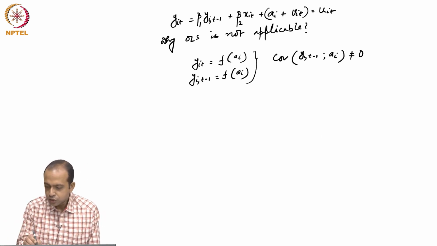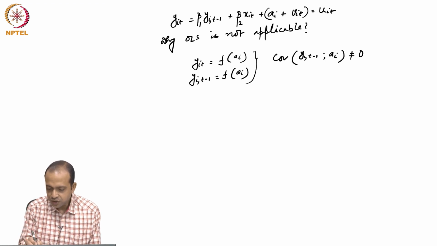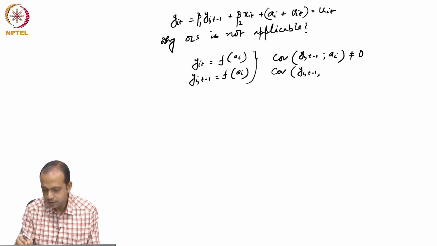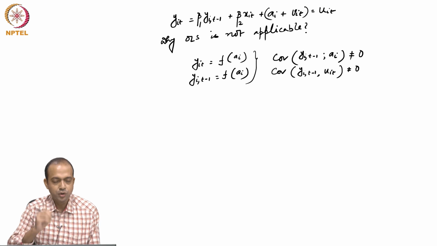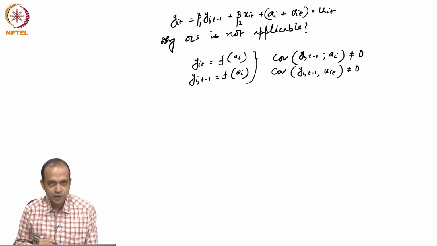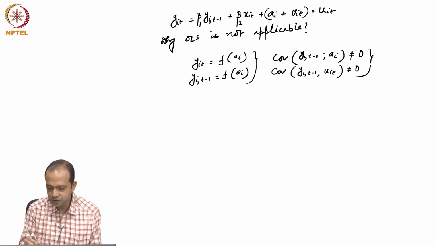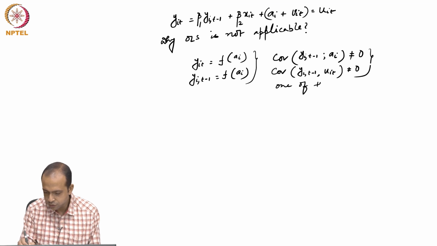Now, here since this is correlated with ai, I can say that the covariance between yit minus 1 and this, which is basically uit, is not equal to 0. So, that means one of your explanatory variables now becomes endogenous, right, that is the idea.